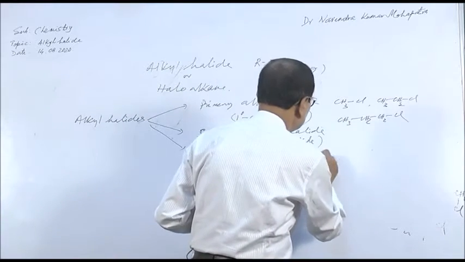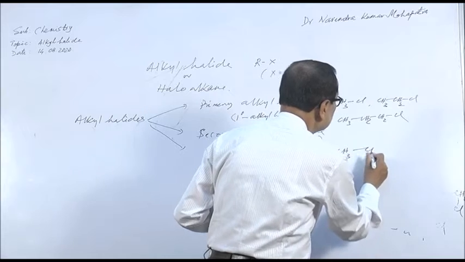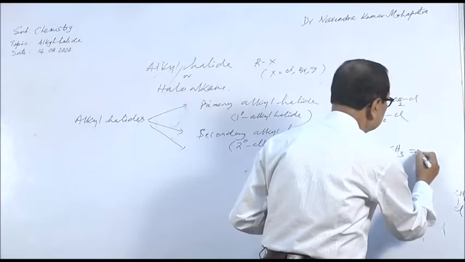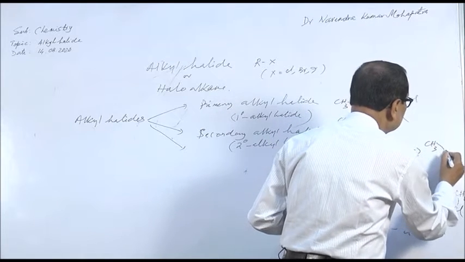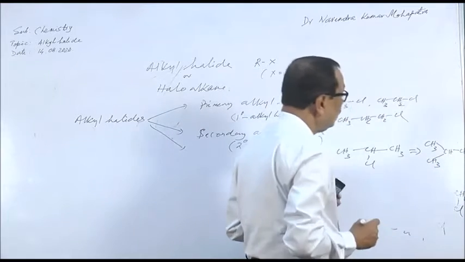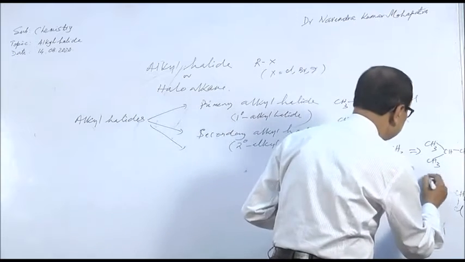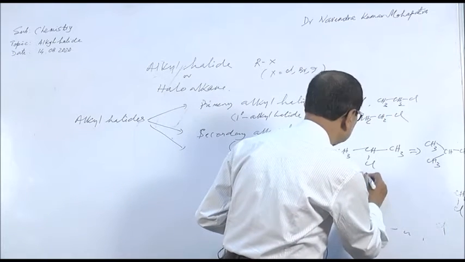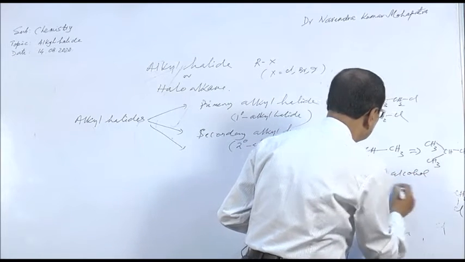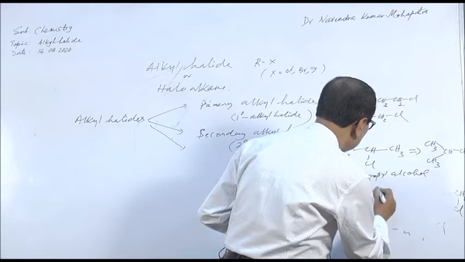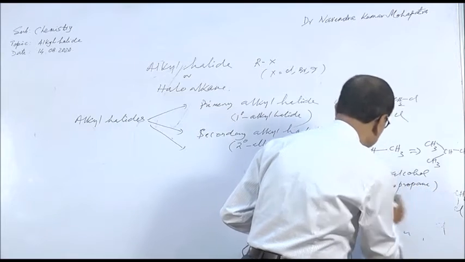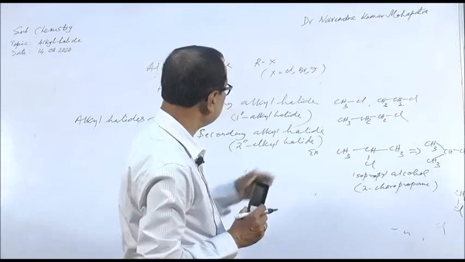For example, you can have CH3CHClCH3. This is called isopropyl chloride, or 2-chloropropane. This is a secondary alkyl halide.